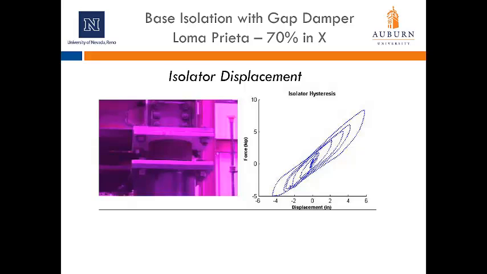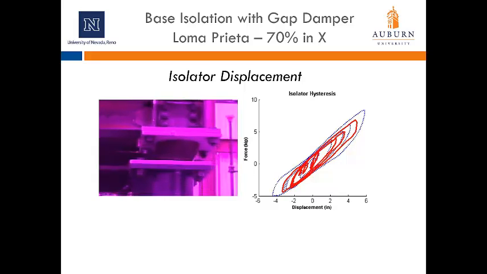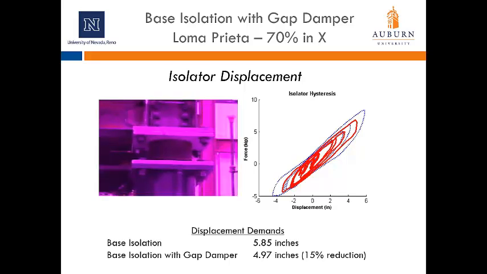Similarly, we look at the isolator hysteresis loop, base isolation in blue, base isolation with gap damping traced out in red. And again, note the displacement reduction. To summarize, the displacement demand for base isolation alone was 5.85 inches. When the gap damping is added, it was reduced to 4.97 inches, which is a 15% reduction.